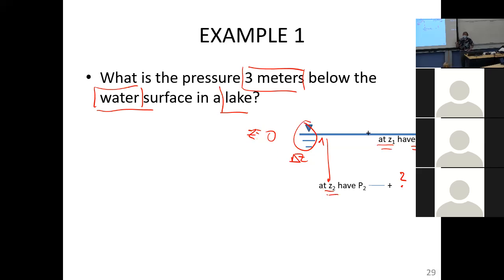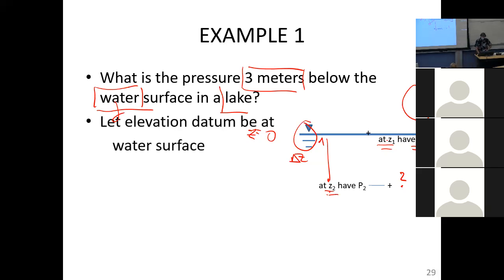Z2 would be -3 meters. Remember, Z increases vertically upwards. We're looking 3 meters below the surface. We know the specific weight. We know P1, Z1, Z2. The only thing left in that equation is P2 of those 5 variables.